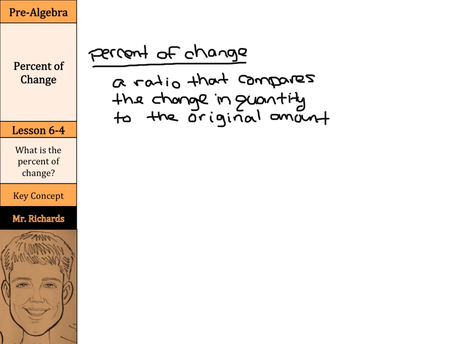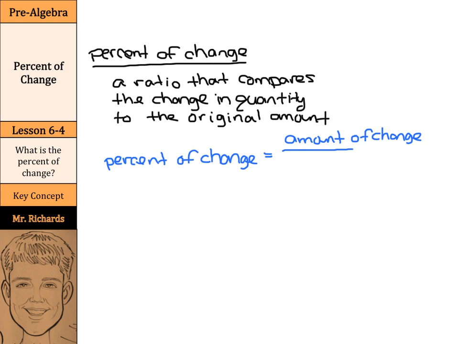So we can write this as percent of change is equal to our amount of change over the original amount.